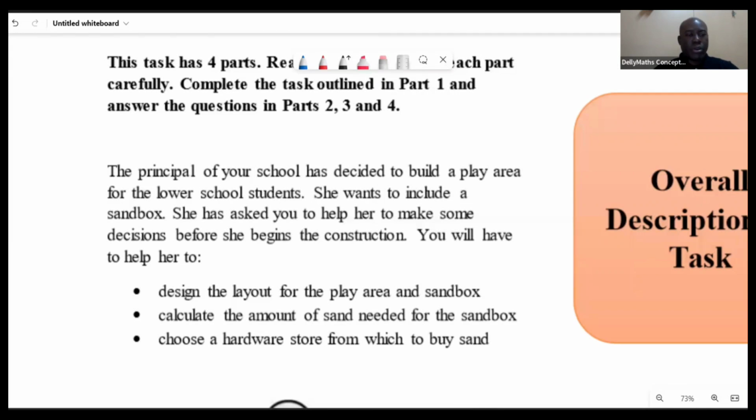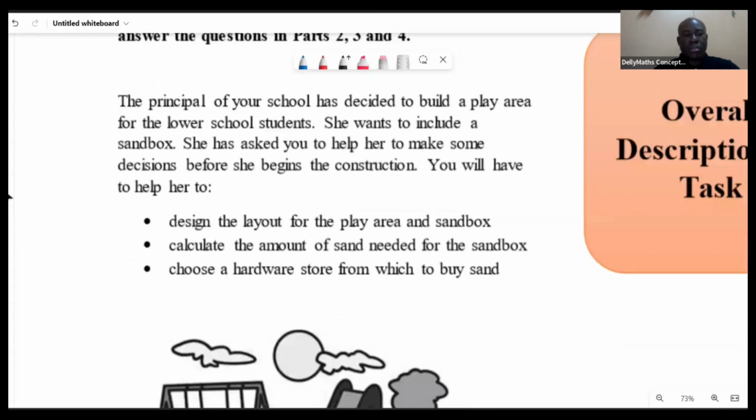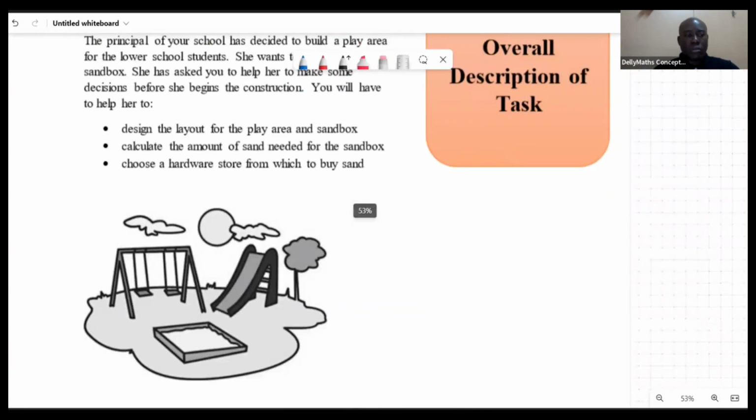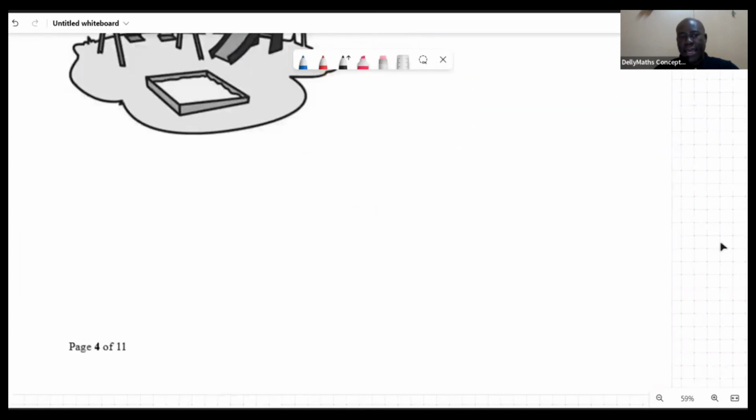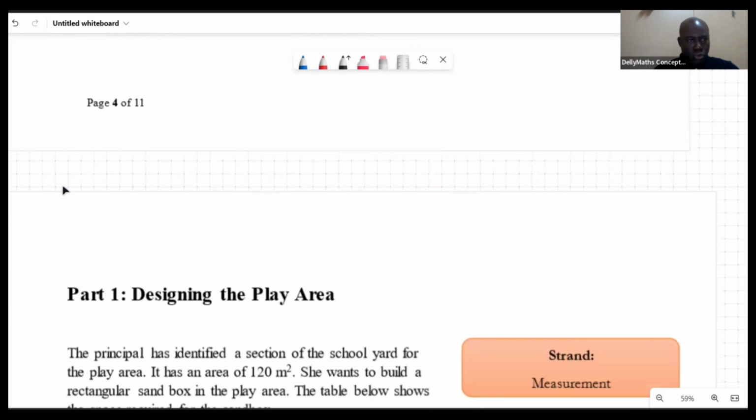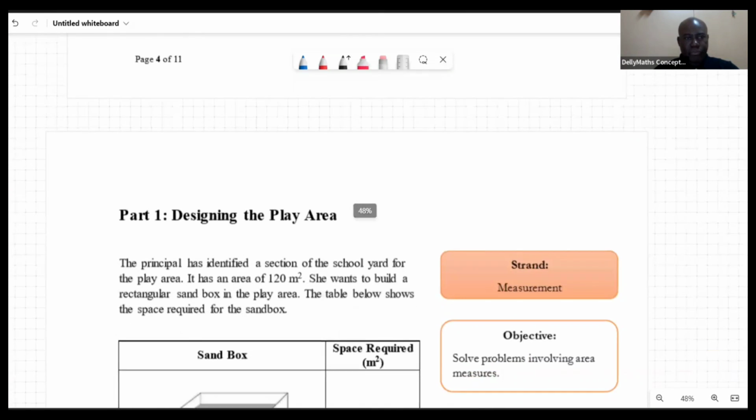You will have to help her to one, design a layout for the play area and sandbox, calculate the amount of sand needed for the sandbox, and choose a hardware store from which to buy sand. So we have three things to do. Here is a view of what the play area is like. Let's go to the questions.